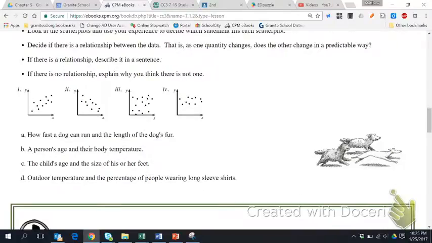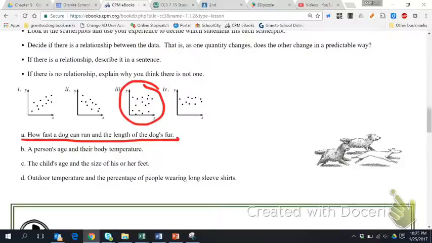And so I don't know that it's really attached to this first one. So what I might say is that A and this, how fast the dog can run and the dog's fur, they're unrelated. I don't know that I'd see a pattern there.